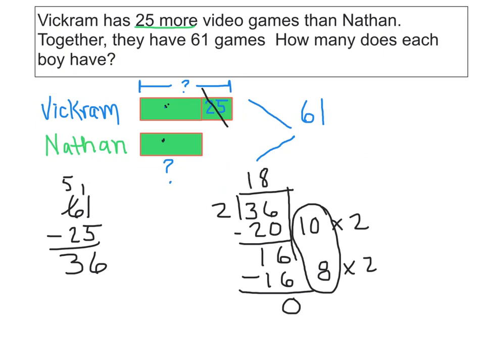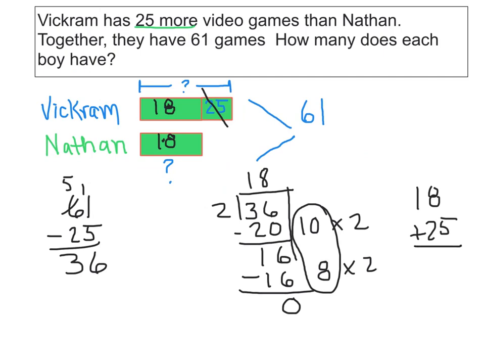So that means that's 18 inside each one of these boxes. So Nathan has 18. That gives me his answer, and I'll need to add 18 plus the 25 to find out what Vikram has.